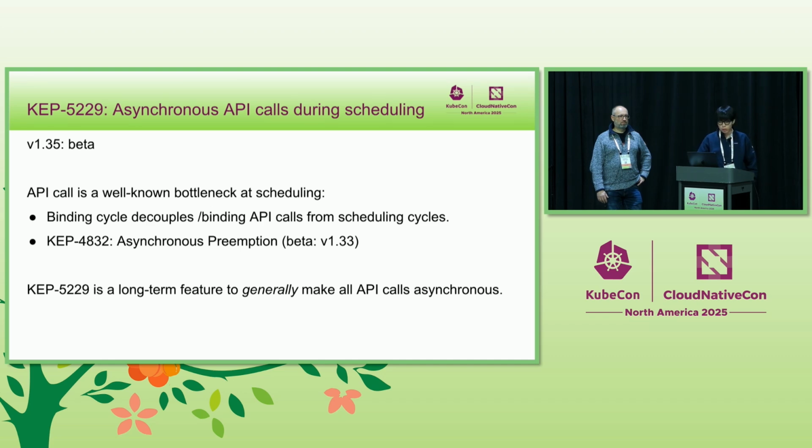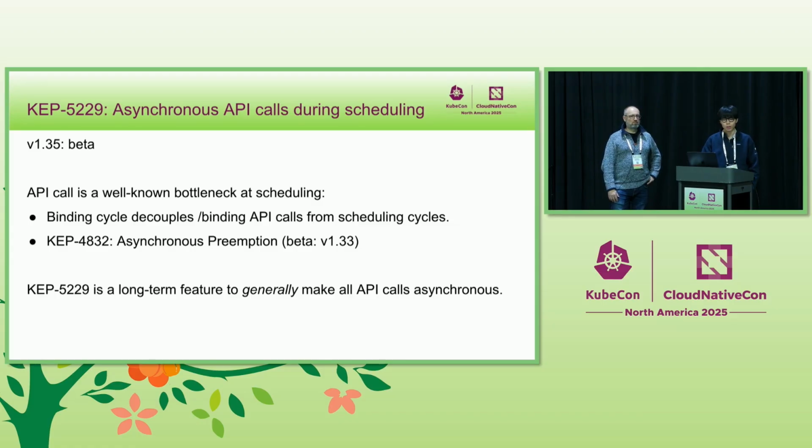Right, so the next feature is asynchronous API calls during scheduling. This was implemented in our last release as a beta feature, but disabled by default, right? Yeah, we had to disable it in the previous release. And then we enabled it by default in the latest release, 1.35. The title describes everything. API calls are a well-known bottleneck for the scheduler.